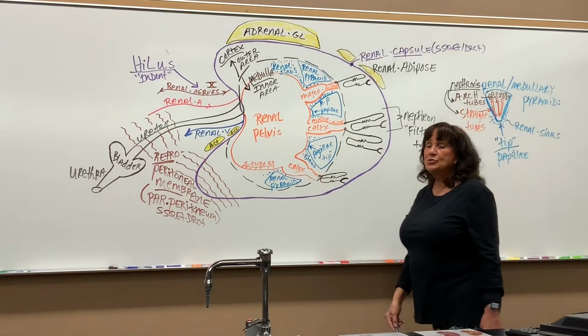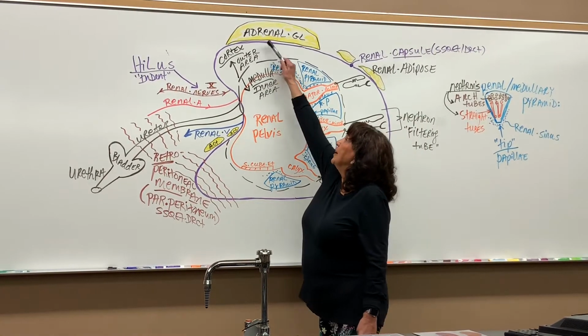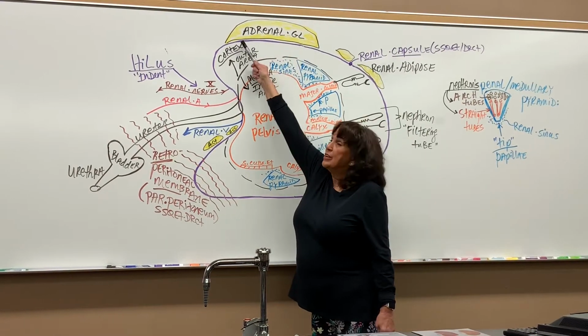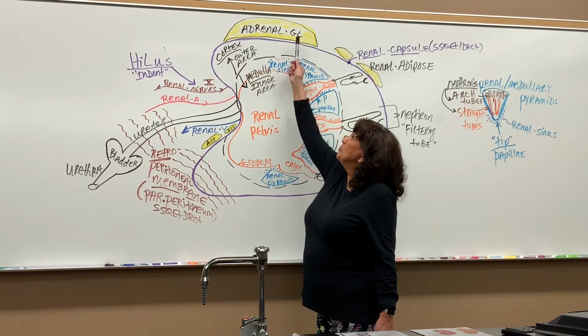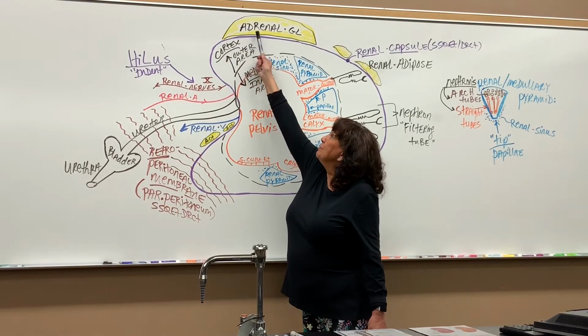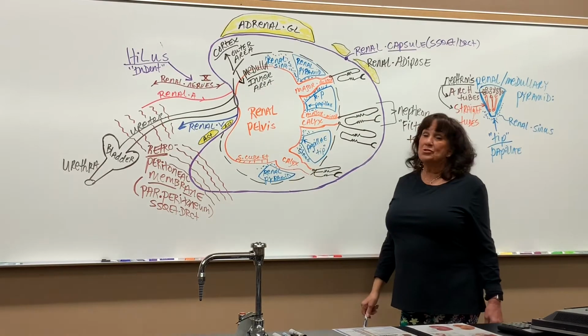Now you will also notice, especially when we dissect the cat, or in the cat podcast, you will see a big, large area of fat superior to the kidney. And so it sits up there almost like a little hat, but it looks like a fat pad, but that fat pad actually has within it the adrenal gland.